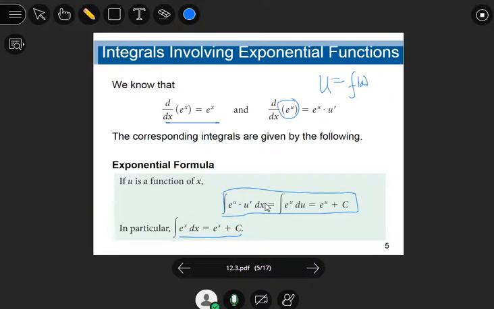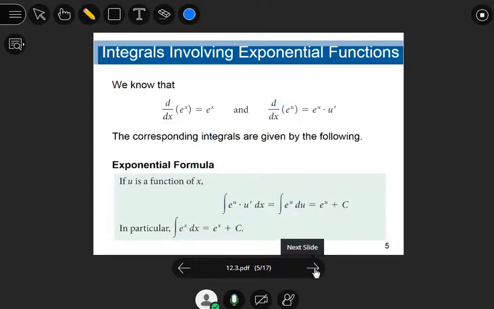So when you are seeing a problem, you need to look very cautiously and understand what your u is and what your u prime is. If you can understand, then you can convert it into this type. But when you're writing the final answer, this is not compulsory. The important one is this one. Then finally you can write e to the power u plus c.